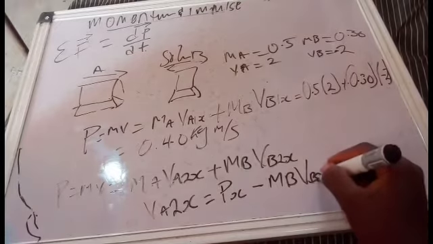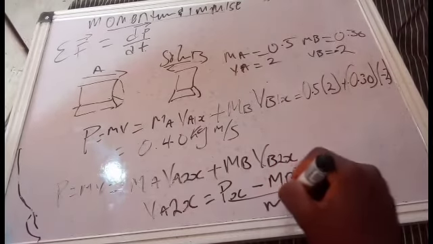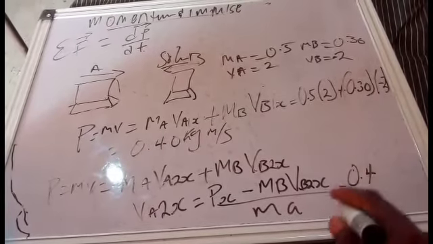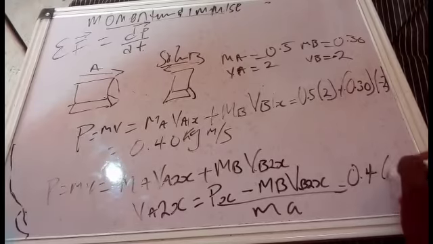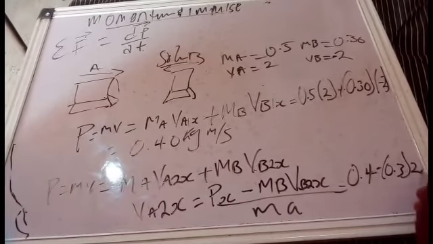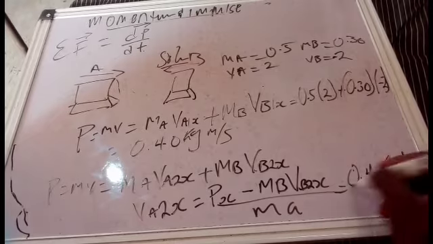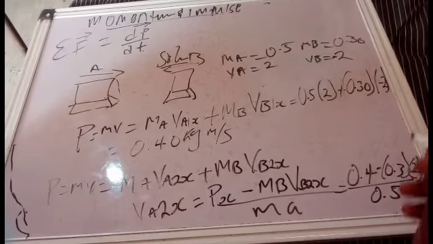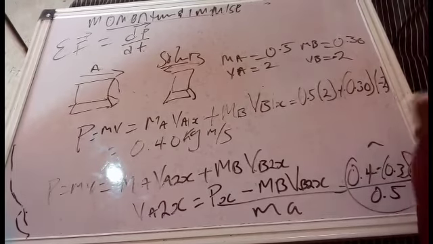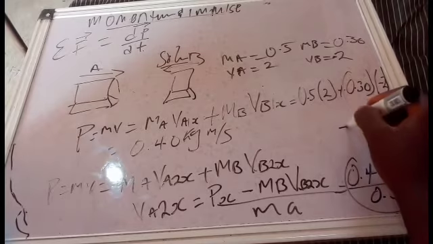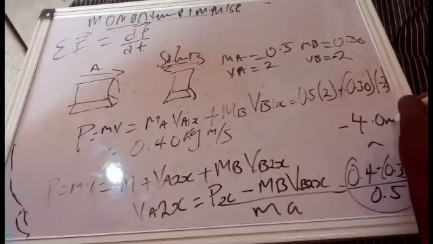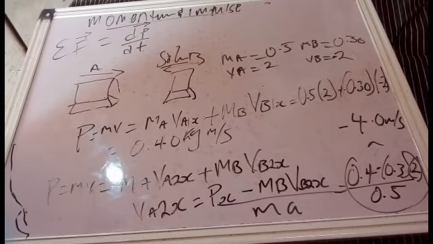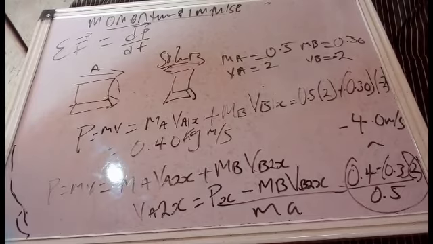Don't forget. So what we need now is the velocity at which glider A moves off. So we have 0.4 minus 0.3 times the 2 which B moves off with, divided by the mass of glider A, which gives us -4 meters per second.